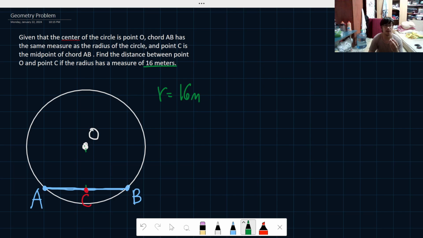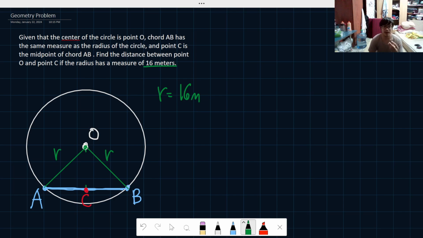I can draw two radii from point O, which is the center, up to point B, since point B is on the curve of the circle. Likewise, I draw a radius from point O to point A. That's it, these are your two radii.